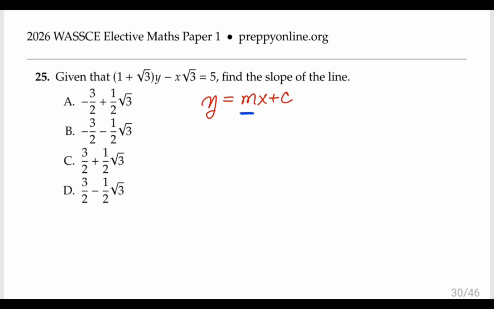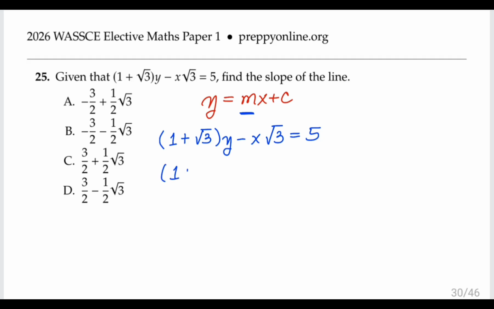So we're going to try to make y the subject. And to do that, what do we get? Let's start from what we are given. We're given 1 plus the square root of 3 times y minus x root 3 is equal to 5. You're trying to make y the subject. All right, let's write this.